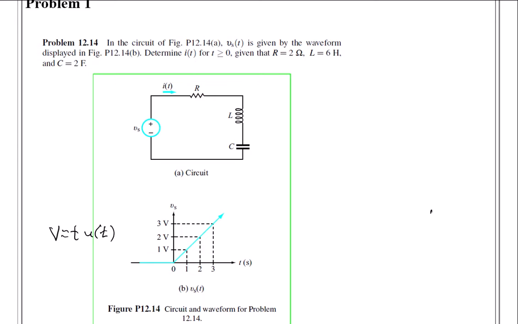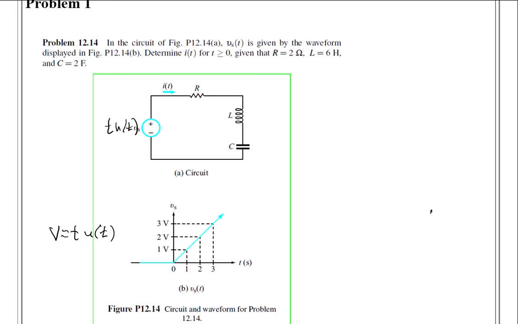So it's just the straight line. So this voltage source is t u of t. And we are first going to change this to the S domain.